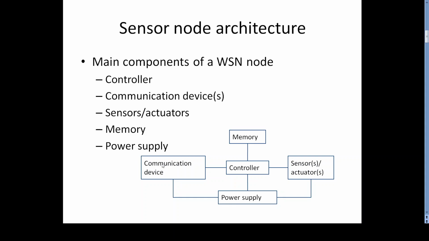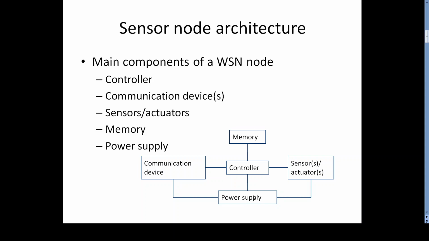And we have the power supply, which is required for both transmission and reception, for the controller, and for sensing. Usually we use batteries to provide energy to perform the tasks.